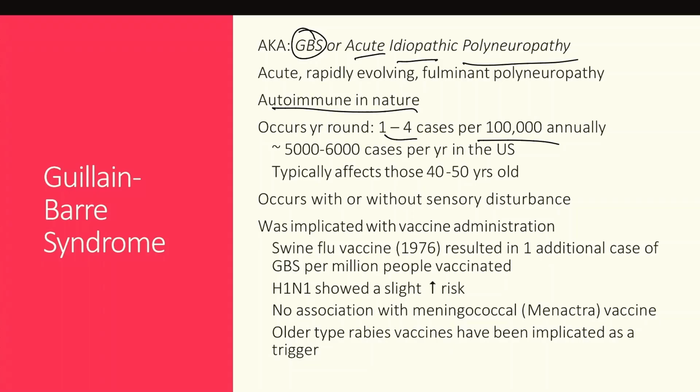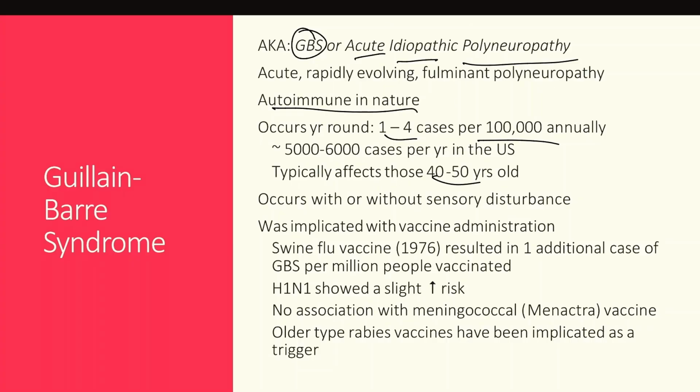GBS is MS just in the periphery. It's the same process, demyelination, but this time it's the peripheral nerves. Whereas MS was just the brain and spinal cord, now we're dealing with the rest of the peripheral nervous system.